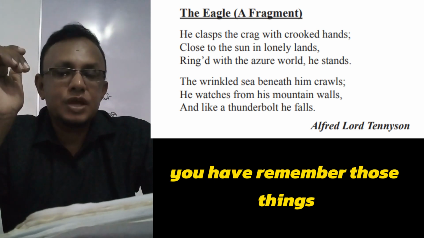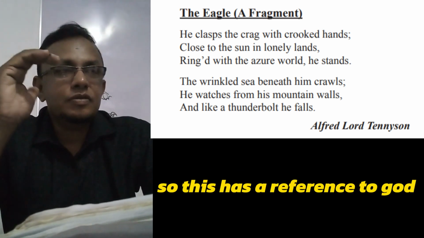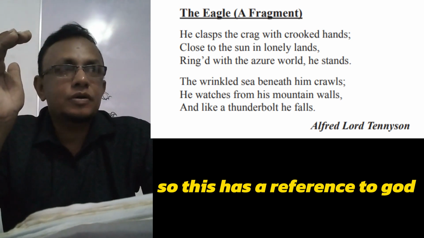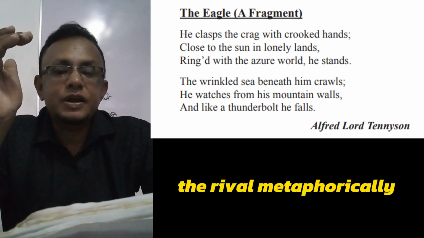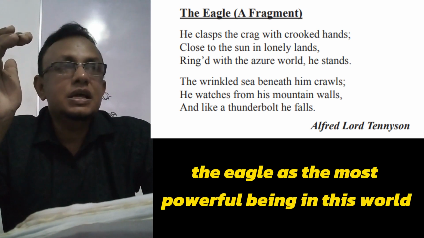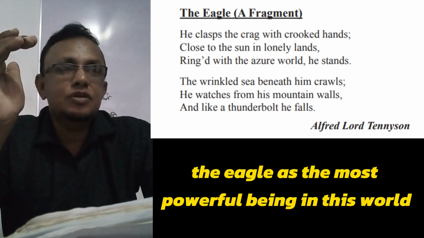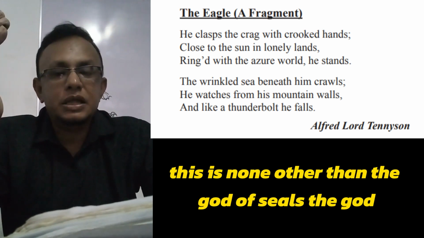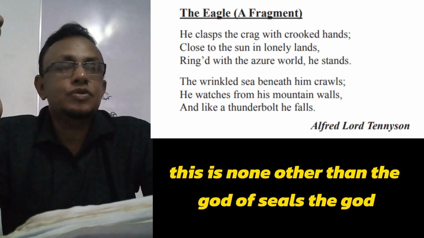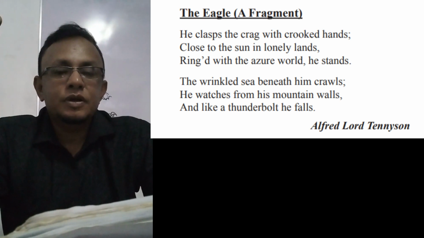You have to remember those things. So this has a reference to God. The writer metaphorically views the eagle as the most powerful being in this world. This is none other than Zeus, the god.